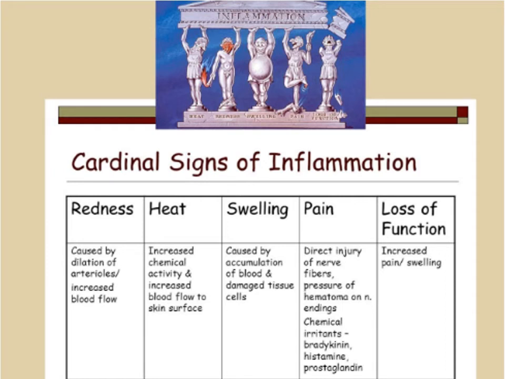Okay, so we've gone through and discussed the innate immune system a bit. We've discussed the adaptive immune system. And now we're going to spend some time talking about inflammation, which is really a part of the innate immune system, right?